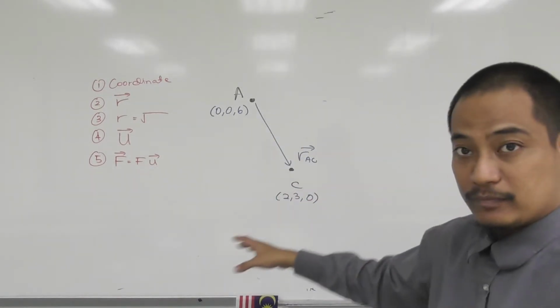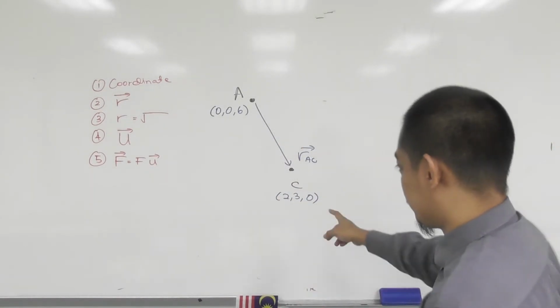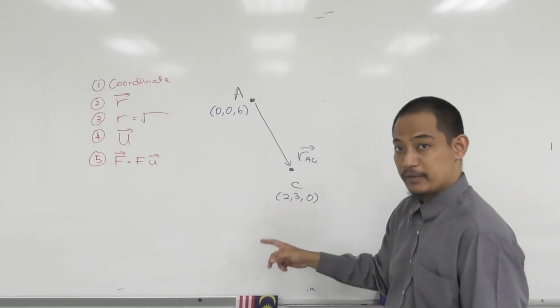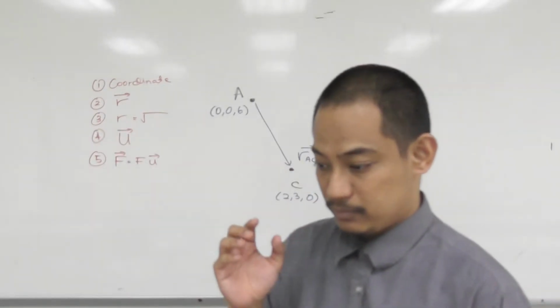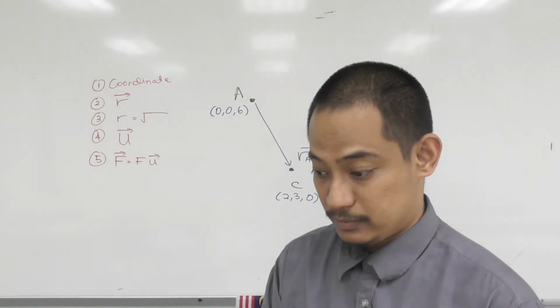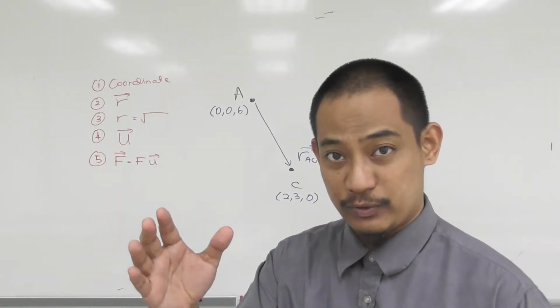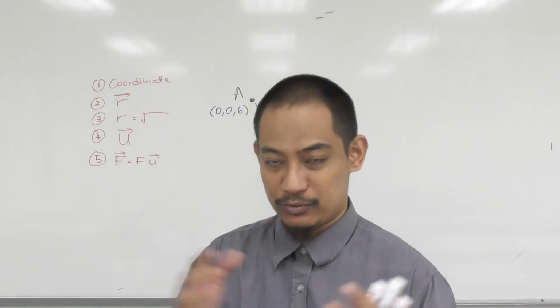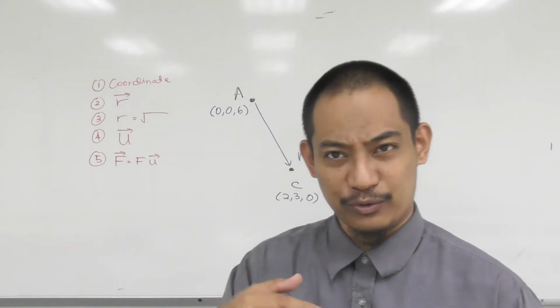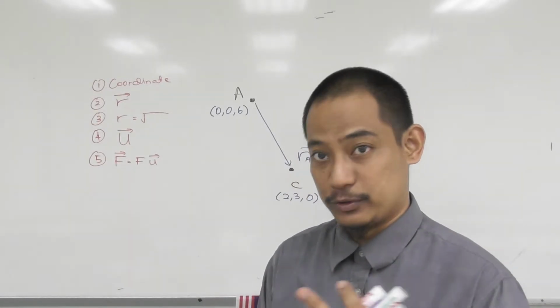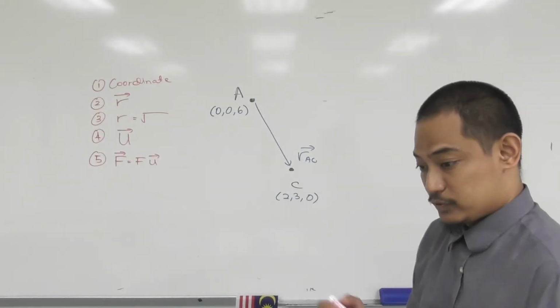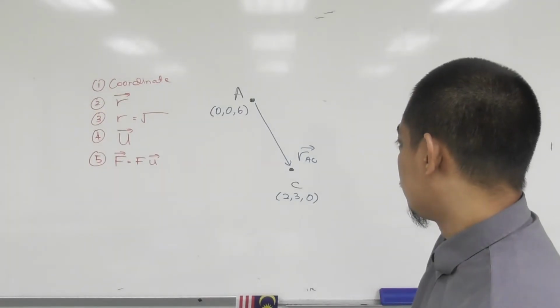So that's the first step. Get the correct coordinate. If you have any problem getting the correct coordinate, make sure you resolve that problem, right? And do not confuse between X and Y. Sometimes students confuse which is the X coordinate, which is the Y coordinate. Make sure you don't.